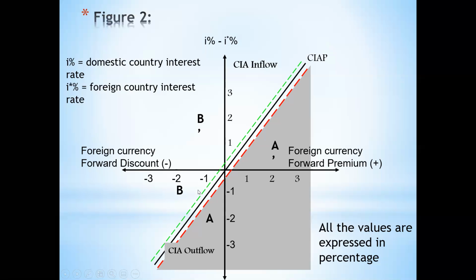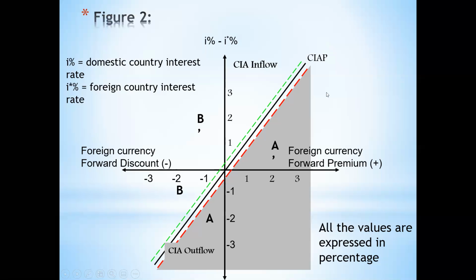Then what people can do? Even the foreign interest rate getting high interest rate, people try to invest into domestic country investment because now foreign currency at forward discount. That forward discount is more than what we gain as our interest difference, right?